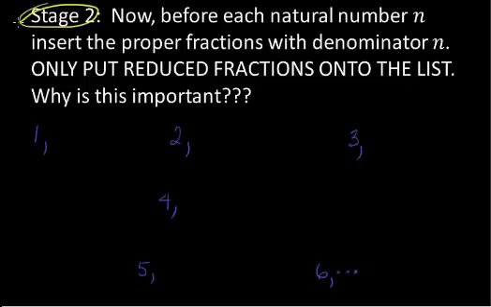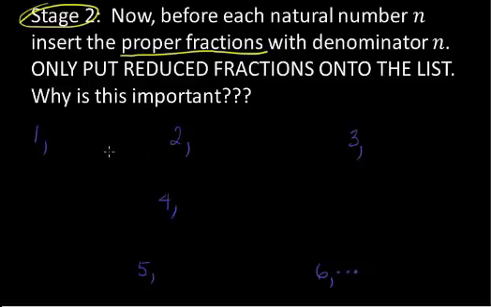Okay, so stage 2 is insert the proper fractions. Insert the proper fractions, numerator less than denominator. Insert the proper fractions with the denominator n right before the natural number n. Only put reduced fractions onto the list.